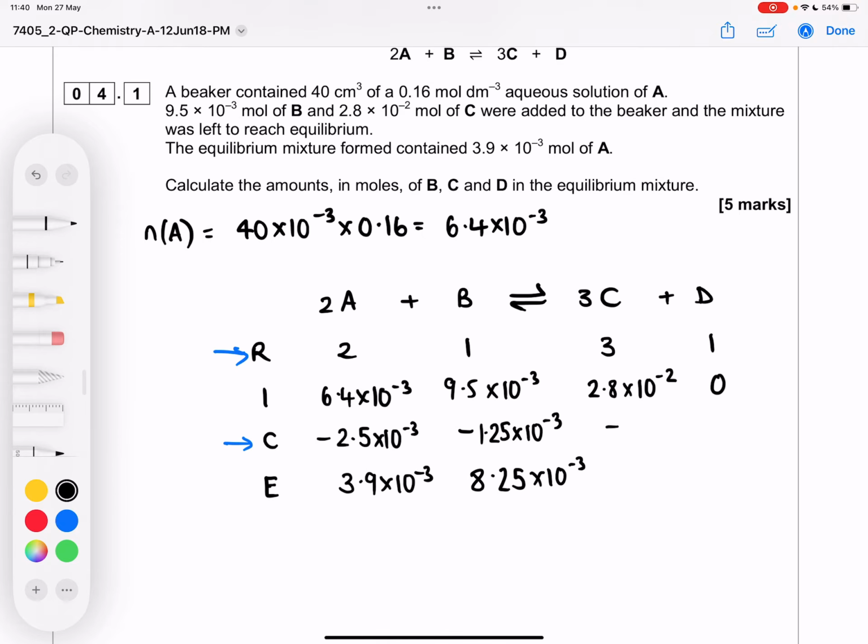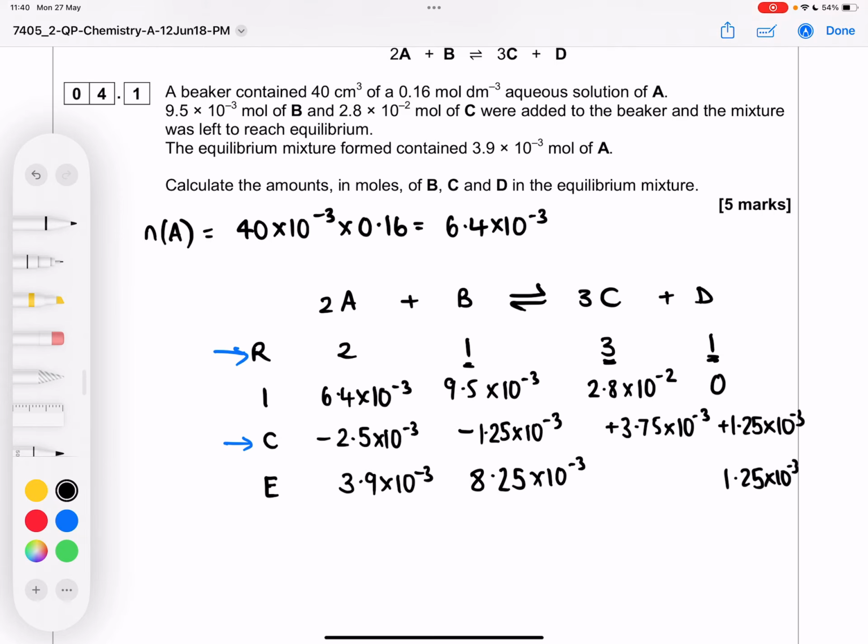Now C is going to go up 3 times as much as B went down, because the ratio is 1 to 3, so we're going to add 3.75 times 10 to the minus 3, and D is going to go up the same as B went down. So D is an easy one, so you don't need my calculator, but I'm going to add up the other one. Just watch that standard form.